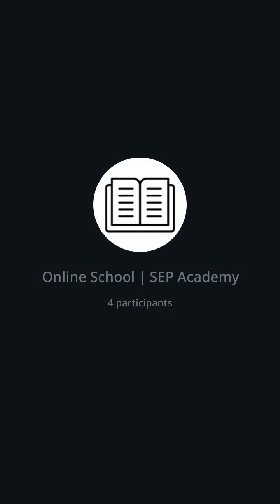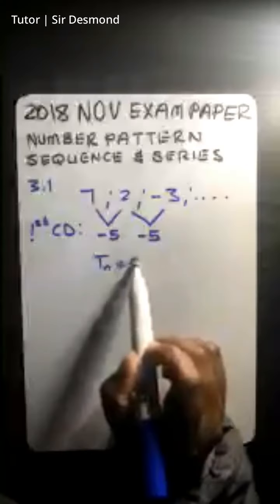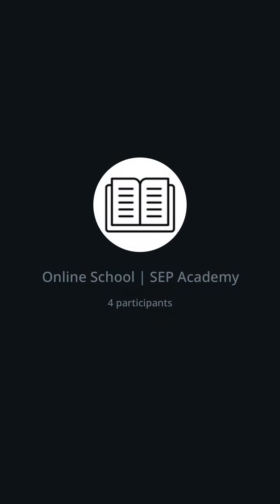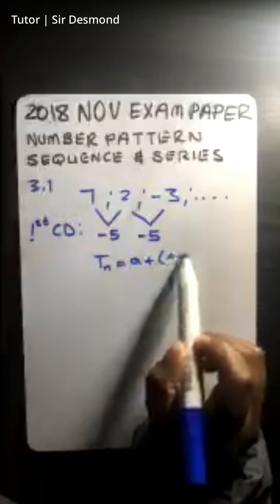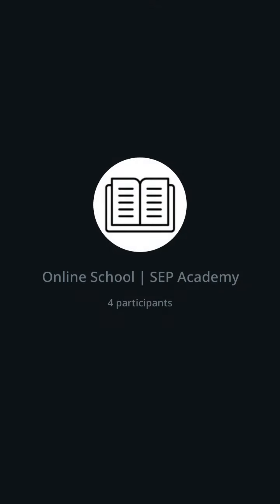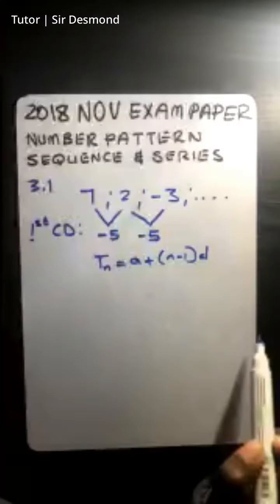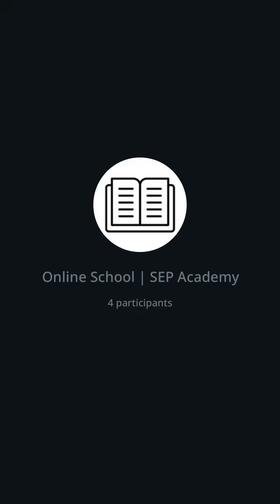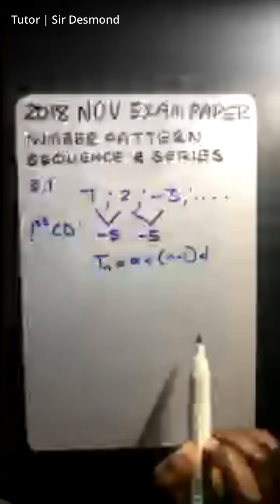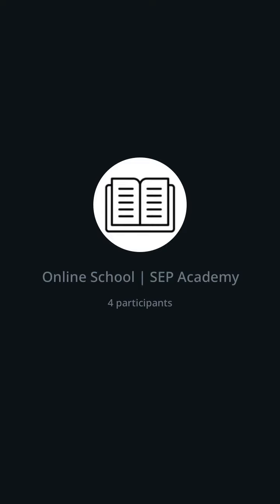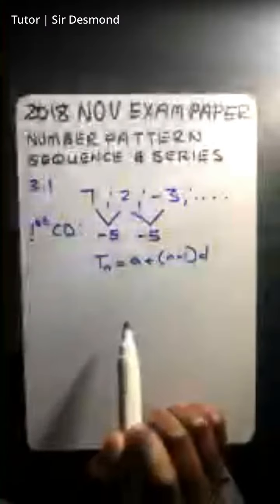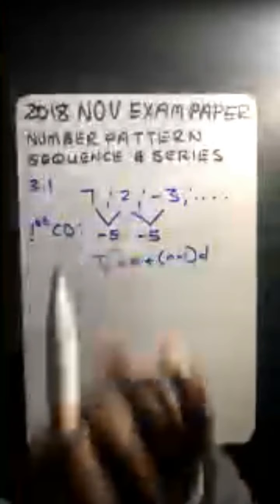And most importantly, we do very well that this is the relevant formula to use in answering the questions related to this number pattern. So it's either you use an arithmetic formula, a quadratic formula, or a geometric formula.